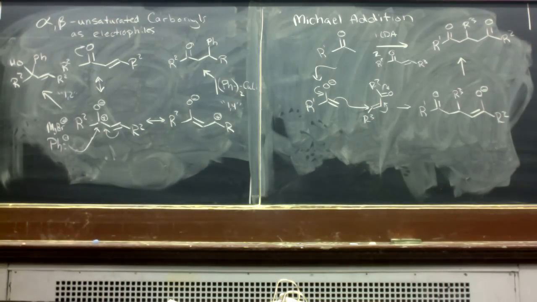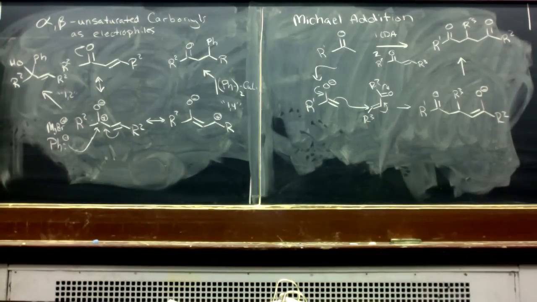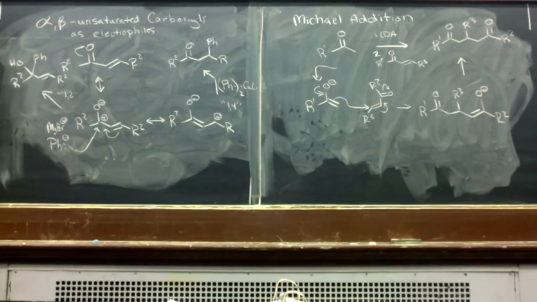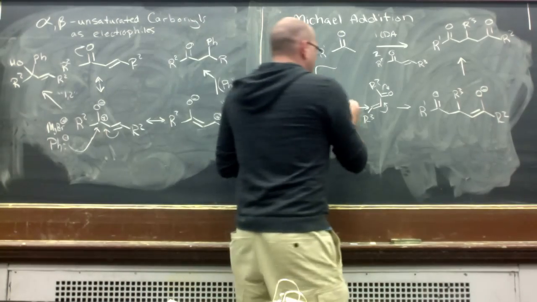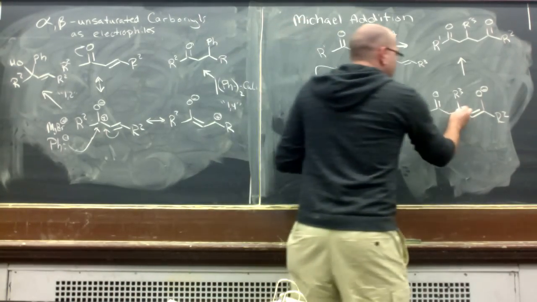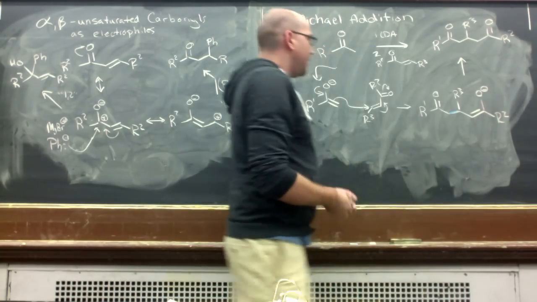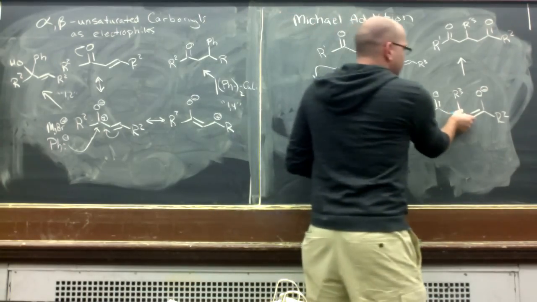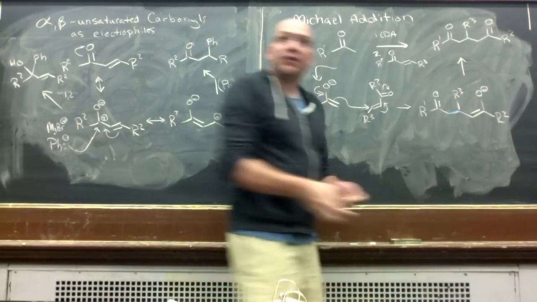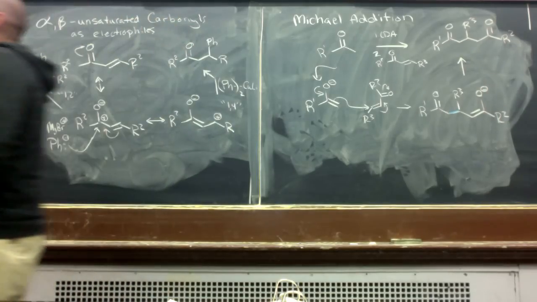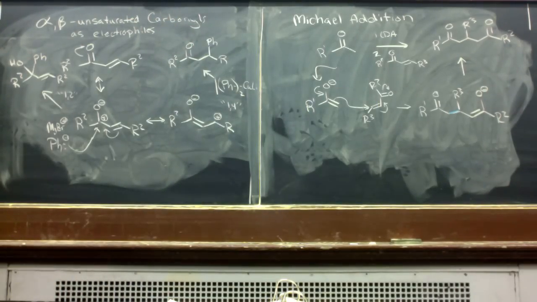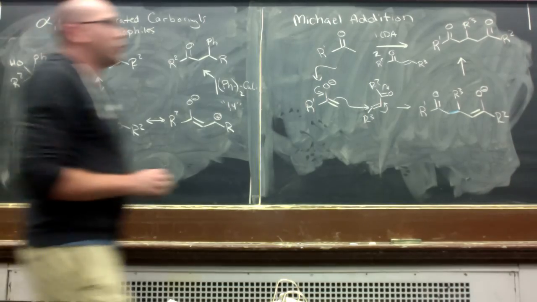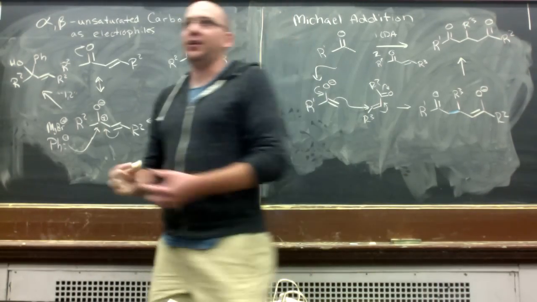I think it can be very easy as you're drawing these to lose track of your carbons, so make sure you map them out. We're making this bond here, which is going to be this bond there, and then the double bond that was here becomes there to make the enolate. When you start drawing all these electrons, this is often where you can start making mistakes because a lot is going on. But formally, this is a Michael addition.